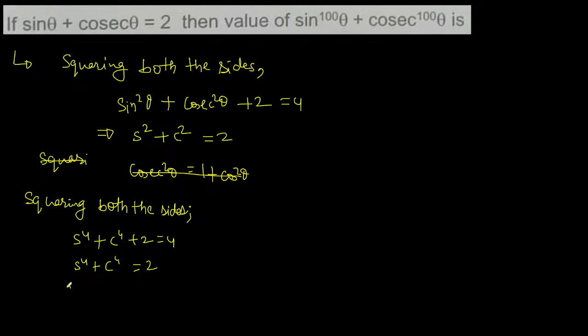Again square, we'll get S8 plus C8 equal to 2. So the power will keep on doubling. If you reach here, it is 425. So S100 plus C100 is going to be 2.